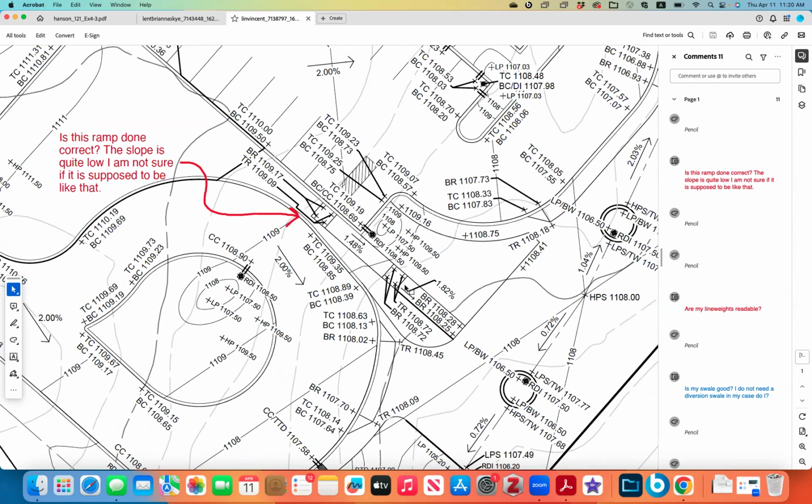Okay. Not really. Okay. This 1.48 doesn't drain well, right? So we need at least 2%.